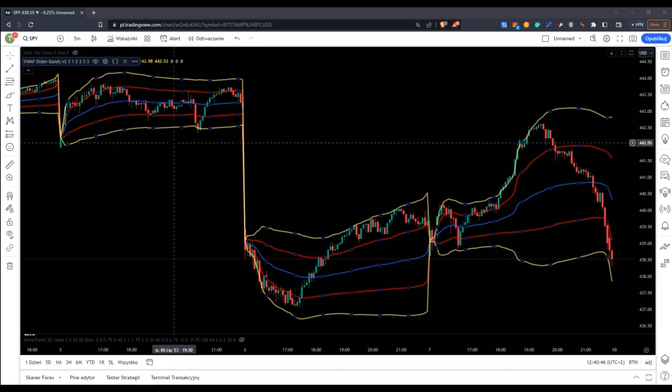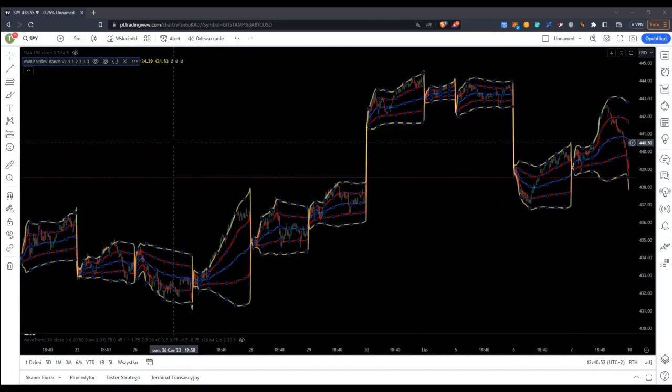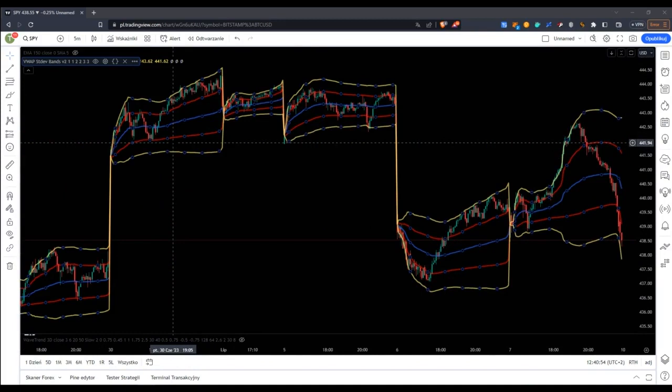Okay, so let's have a look. This is the SPY, the S&P 500 ETF. If we take into consideration what has happened in the latest price action, after the huge move to the upside here, we've seen the market trying to make some kind of support over here.